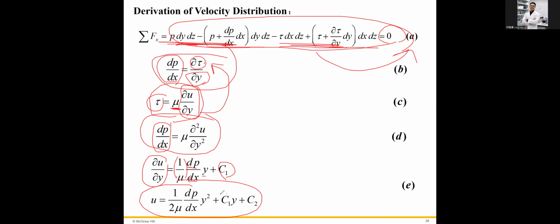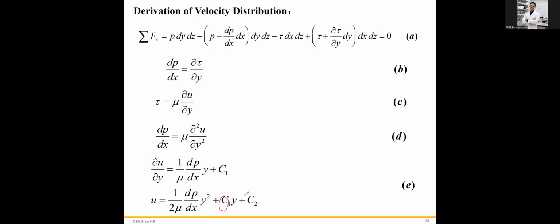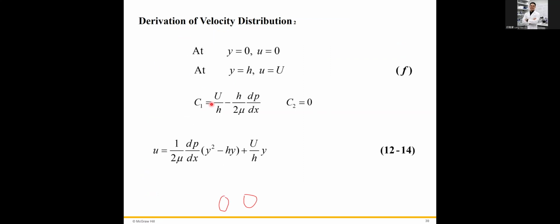Okay, so how do we get the C1, C2? Boundary conditions, right?